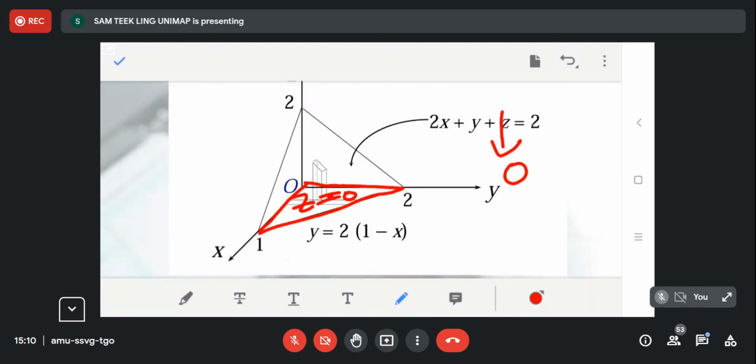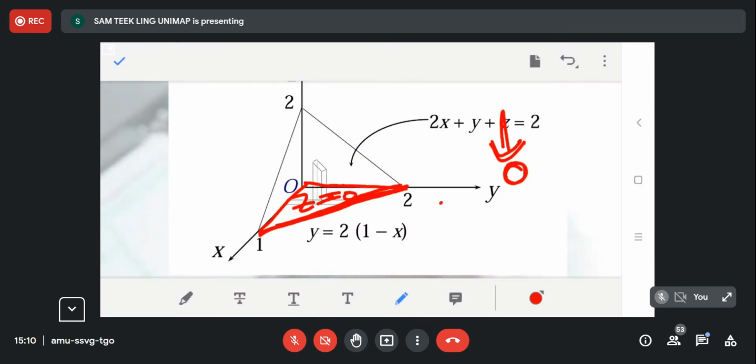Because of the two planes, you can see this line will touch the plane z equals 0, and also touch the plane 2x plus y plus z equal 2. So you replace your z with 0. So now 2x plus y equal 2.